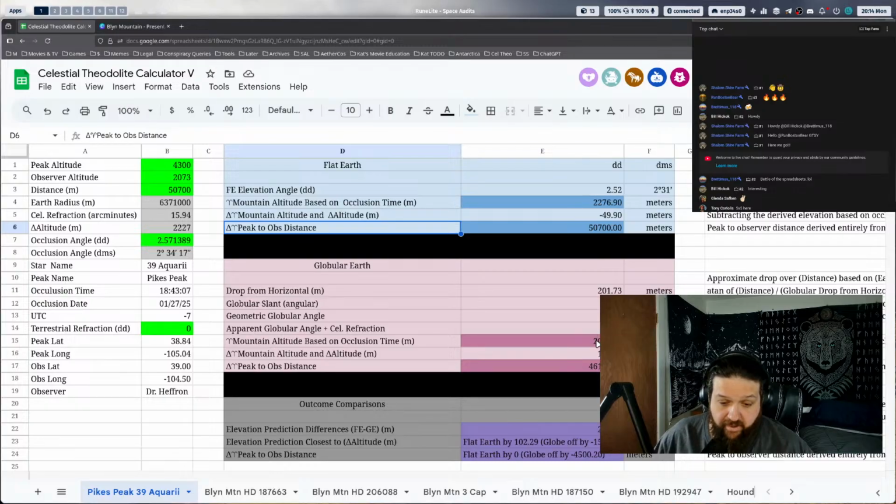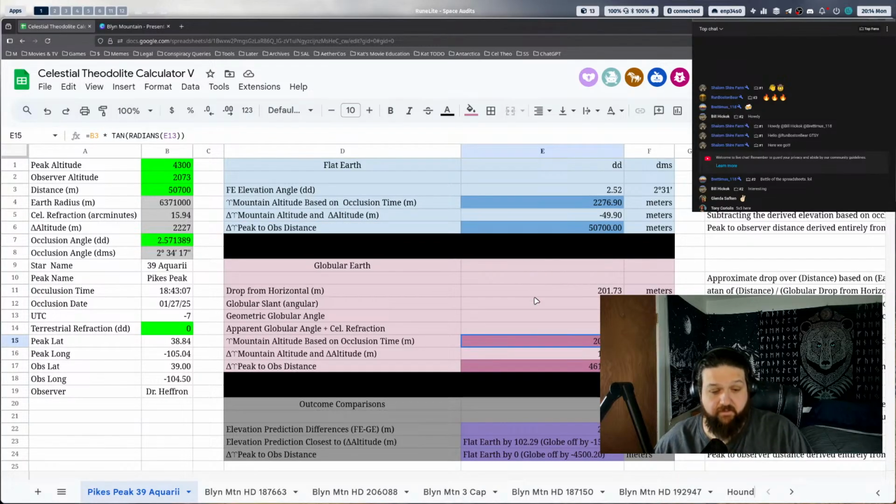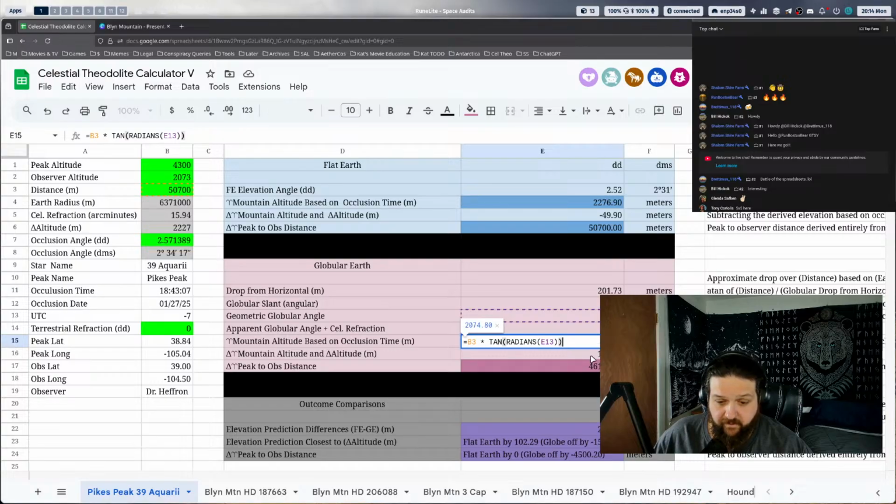And then when we do that with the globe, when we backwards derive the elevation off of the occlusion angle for the globe, what we get is 2074. And the difference from that gives us 152.